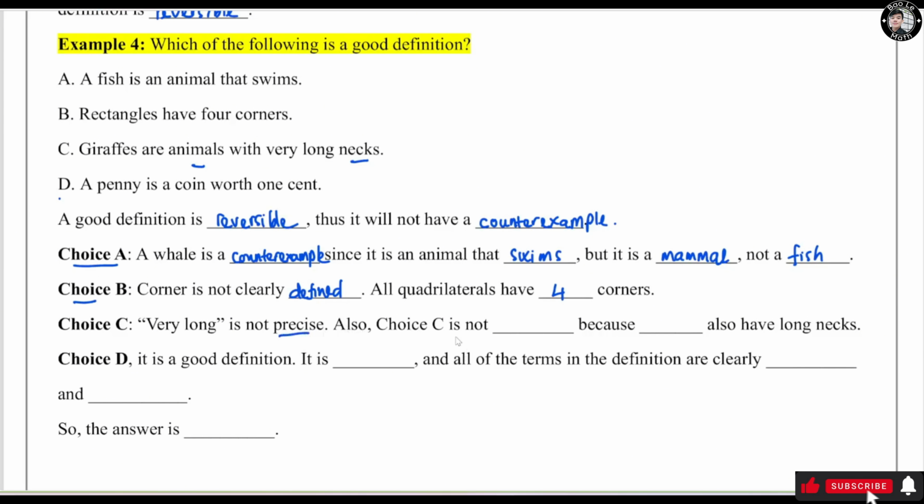Also, choice C is not reversible because ostriches also have long necks. Choice D is a good definition, right? It is reversible, and all of the terms in the definition are clearly defined and precise. So the answer is D.